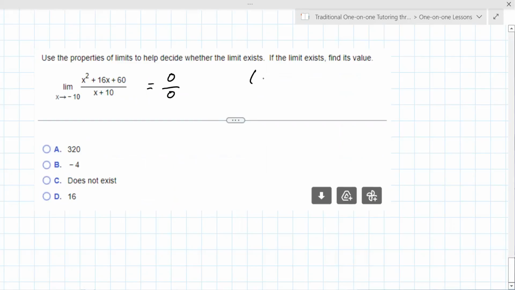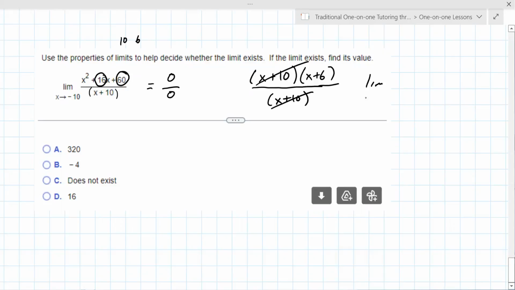So you have to factor the numerator. They hint at this in the problem: one of the factors in the numerator is x plus 10. You're trying to find two numbers that multiply to 60 and add up to 16, so 10 and 6 work. I know it's 10 because it's going to cancel out with one in the bottom. Then you take the limit as x approaches -10 of x plus 6. You're just putting -10 in for x, and you get -4.